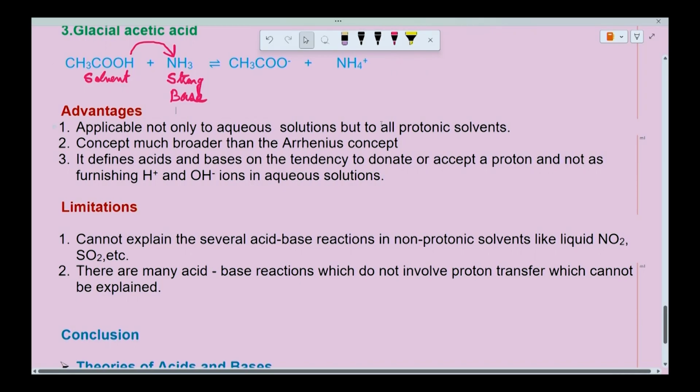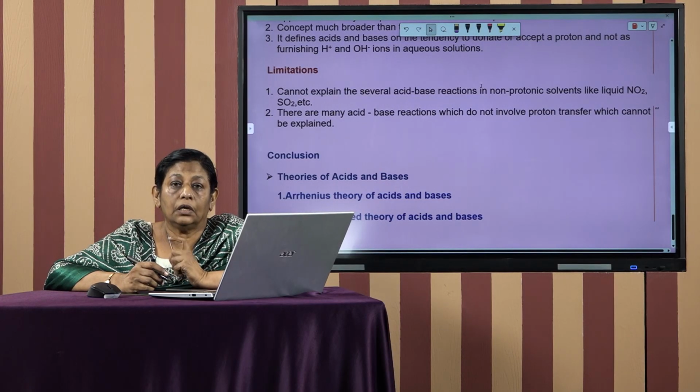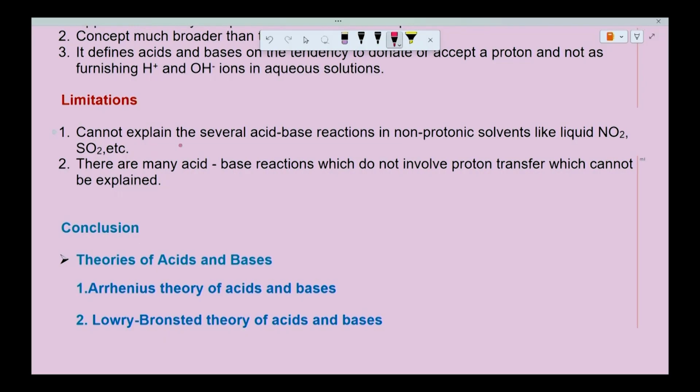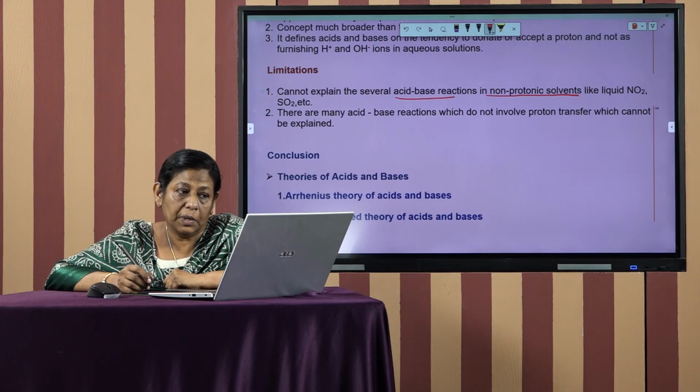Limitations: it can explain in protonic solvents whether a substance is an acid or a base, but the defect is that it cannot explain acid base reactions in non-protonic solvents, like liquid nitrogen dioxide, sulfur dioxide, carbon tetrachloride. They do not have any protons, and in such cases it cannot explain whether a substance is an acid or a base.